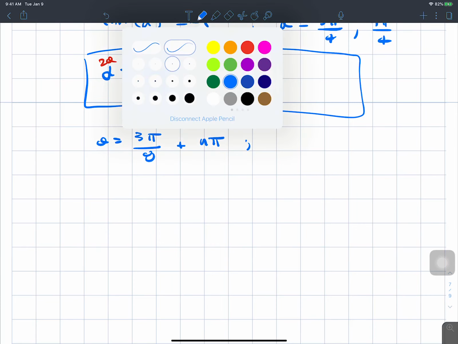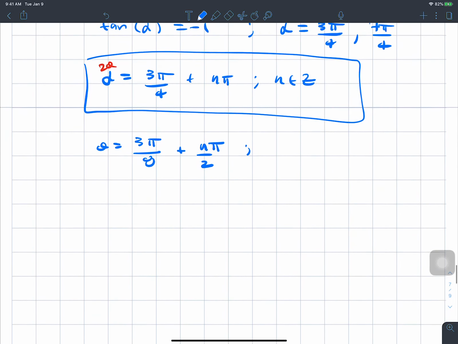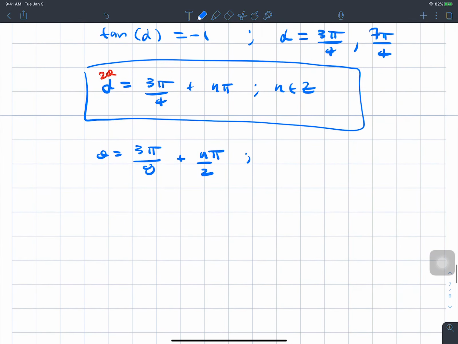No, I was right in the first place. I apologize, that's plus n pi. N is an integer, and this will be over 2. Yeah, there we are. Here's the general solution. I was correct. Sorry about that.